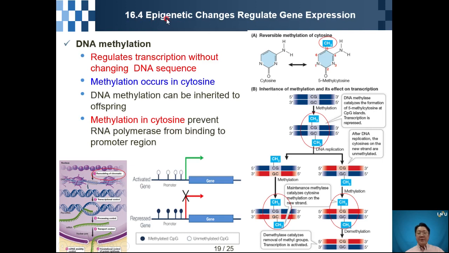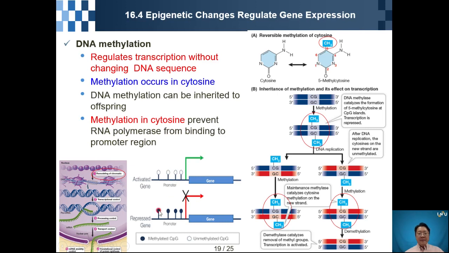So what happens when cytosine is methylated? For example, the promoter region usually has lots of CG repeats. If there is no methylation, RNA polymerase can bind to the promoter and activate transcription.